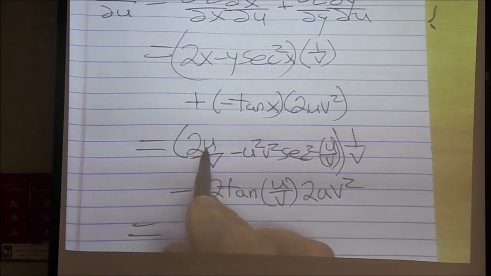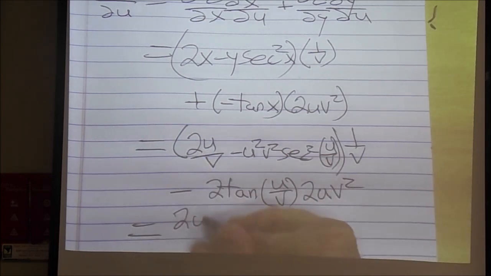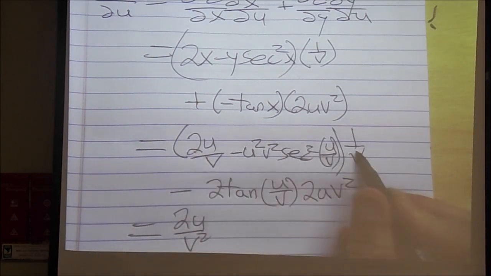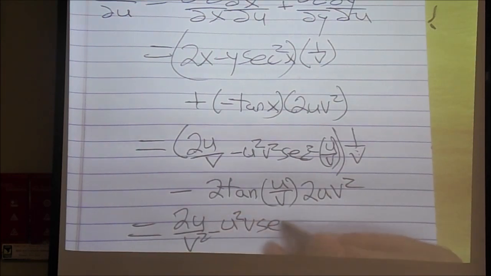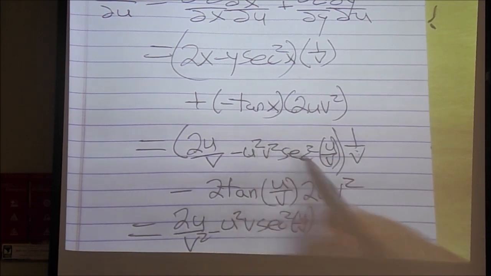This looks like 2u over v squared. When I multiply this times this gives me minus u squared v secant squared u over v, this v canceling one of these.